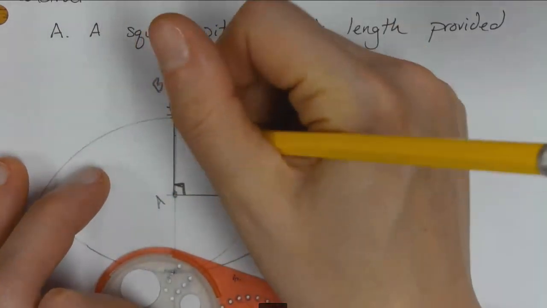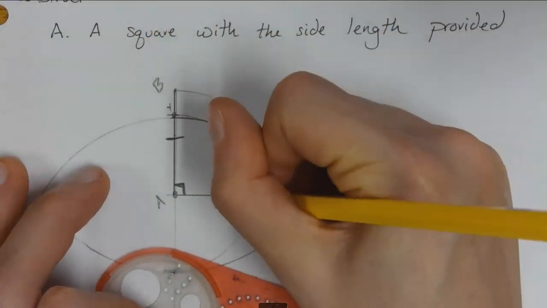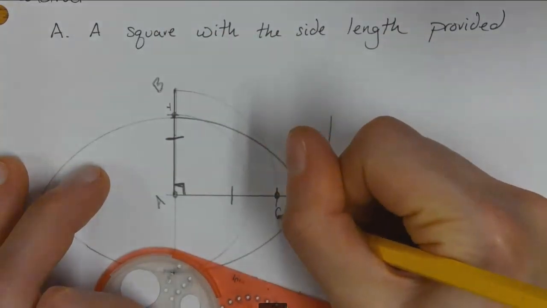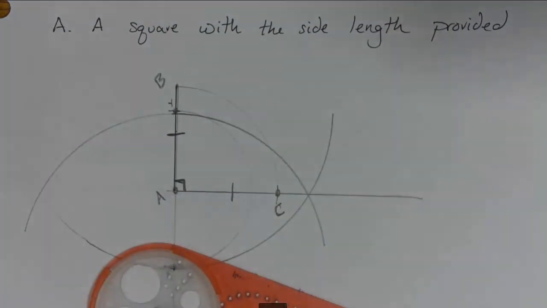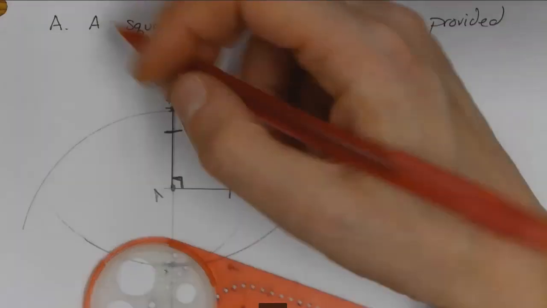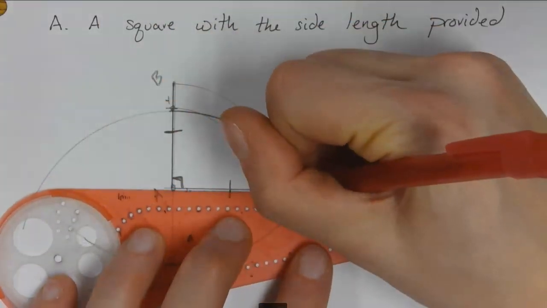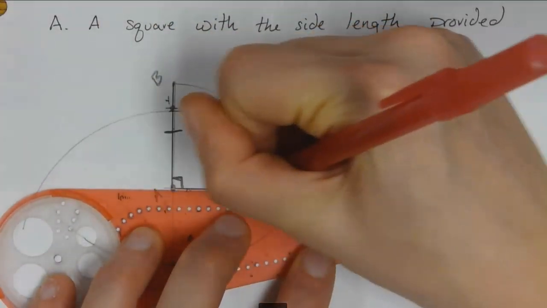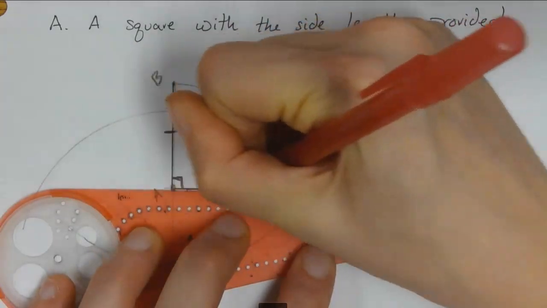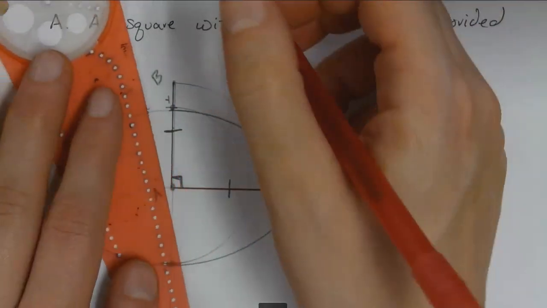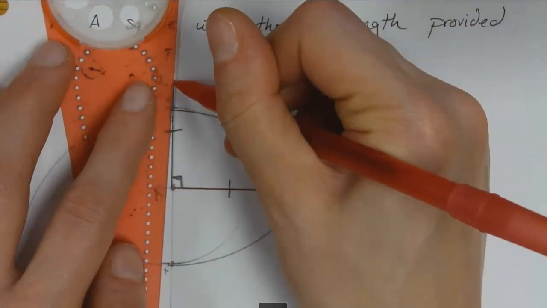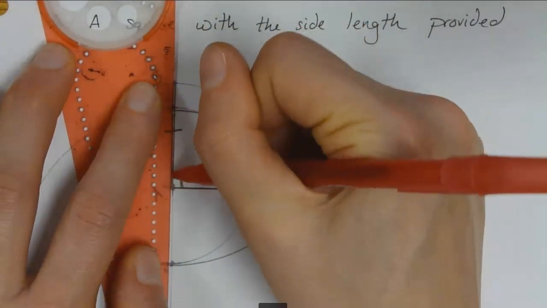Because I now know that from A to B will be the same as from A to this new point, C, and I know that this is coming at 90 degrees. And that will give me 2 of my sides of my square. In fact, I'm going to darken those sides in red so that it's easier for me to remember where my final figure is and what are just extra points.